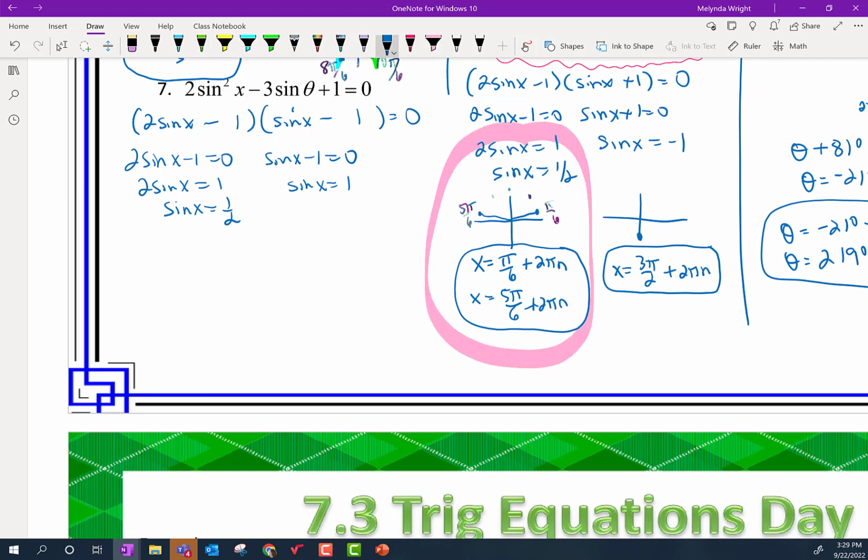So x is pi over 6 plus 2 pi n, and x is 5 pi over 6 plus 2 pi n. Okay, good. Now we haven't done one like this where sine is 1. So sine is y and sine is 1 right here. So that would be x is pi over 2 plus 2 pi n.